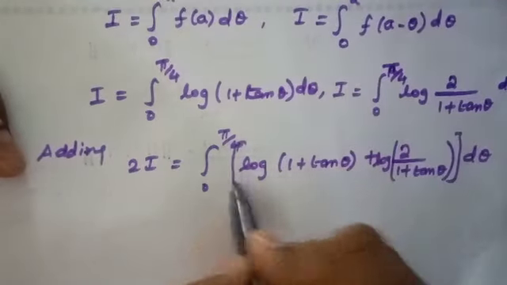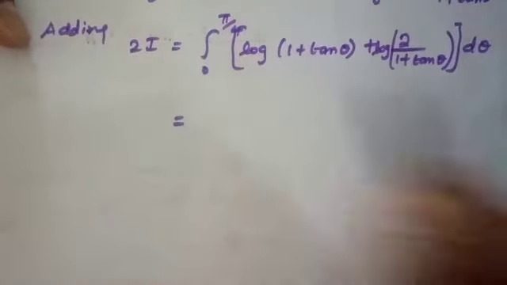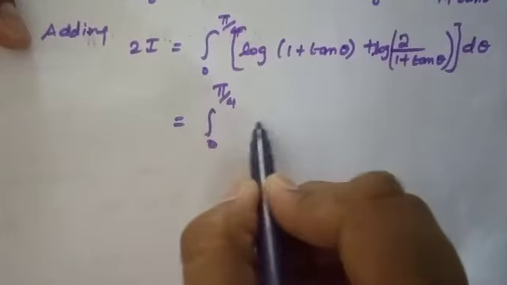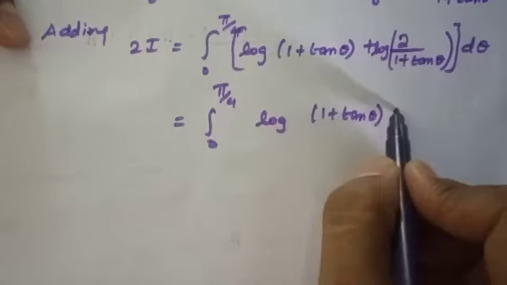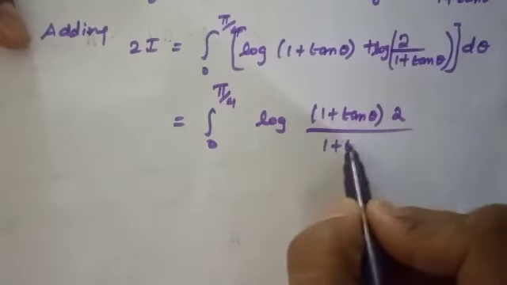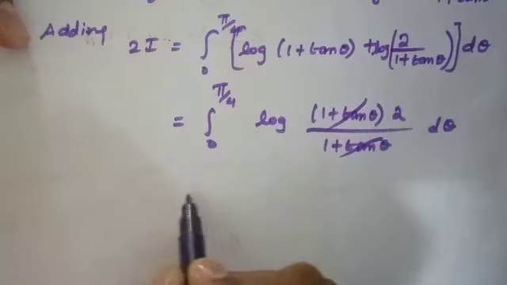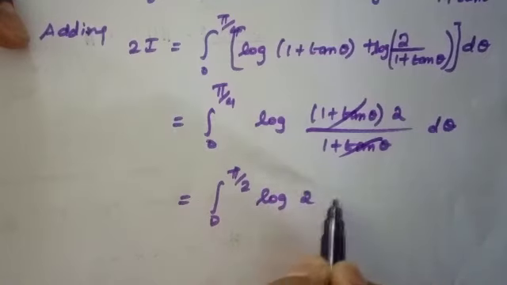Log a plus log b can be written as log ab, so addition becomes multiplication inside the log. You will get the integral over 0 to pi by 4 of log of 1 plus tan theta into 2 divided by 1 plus tan theta d theta. So you will get log 2 d theta.